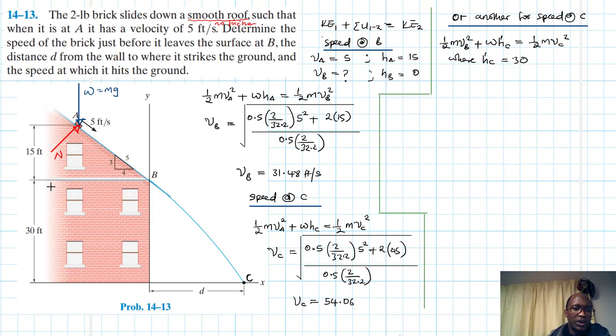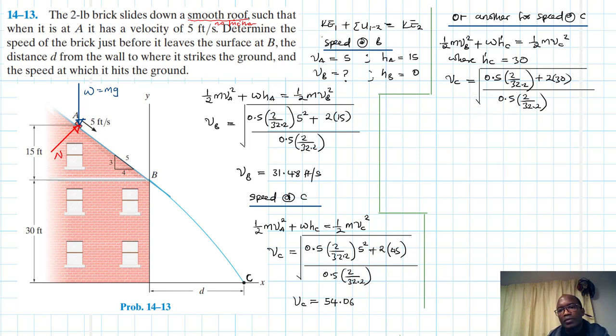So we're just using the properties from here. Our VC therefore will be equal to the square root of 0.5 by 2 divided by 32.2 times VB squared plus 2 by 30, and then divided by 0.5 by 2 divided by 32.2.